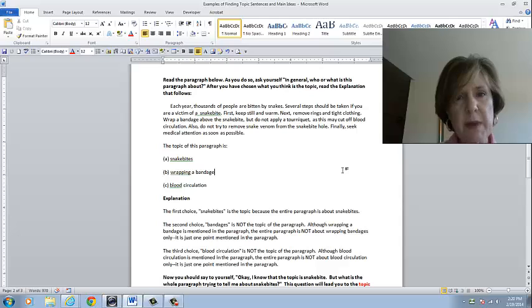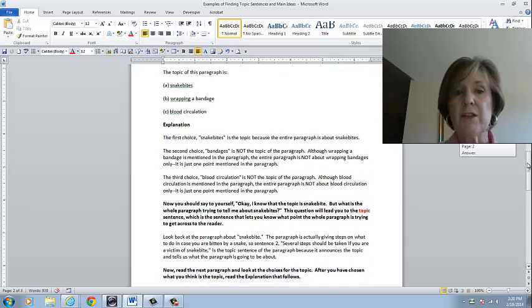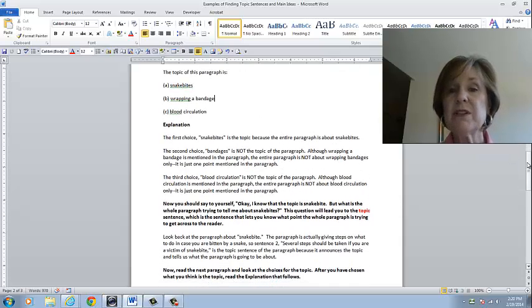The topic of this paragraph, is it snake bites? Is it wrapping a bandage? Is it blood circulation? Well, let's think about it. The first choice, snake bites, is the topic because the entire paragraph is about snake bites.